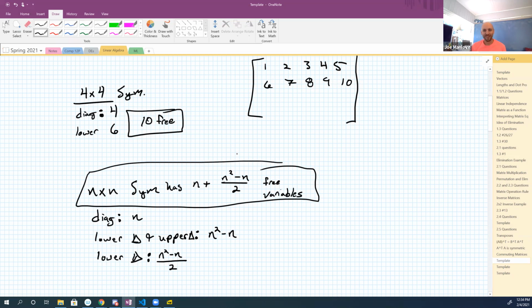This is a little weird. It feels a little screwy that n squared minus n over 2 thing always yields an integer, doesn't it? So I'd need to convince myself that n squared minus n is always even, yeah?